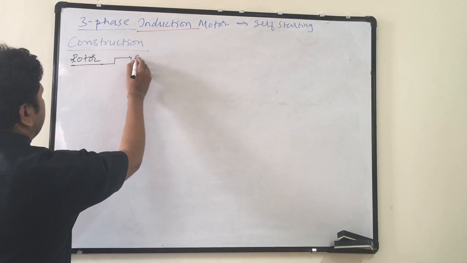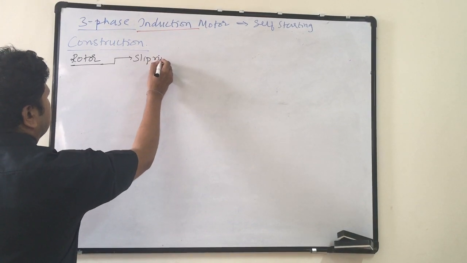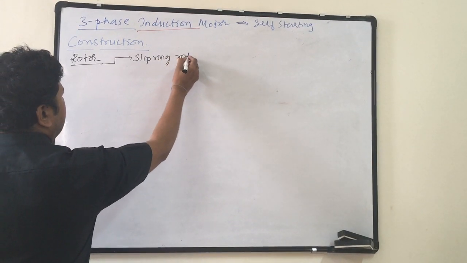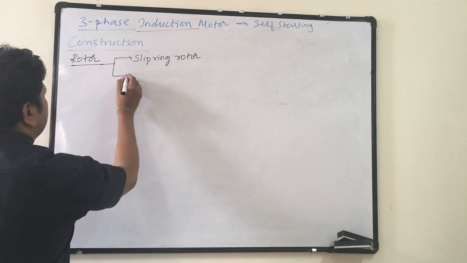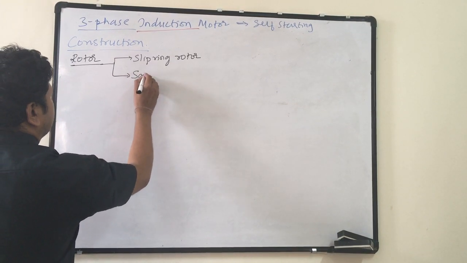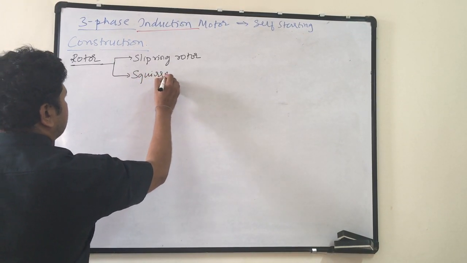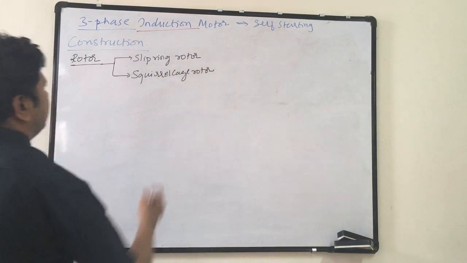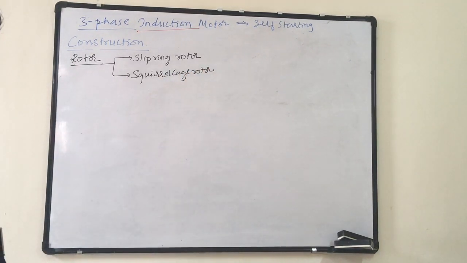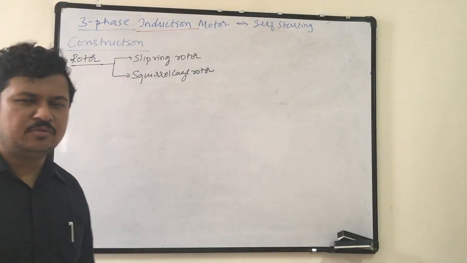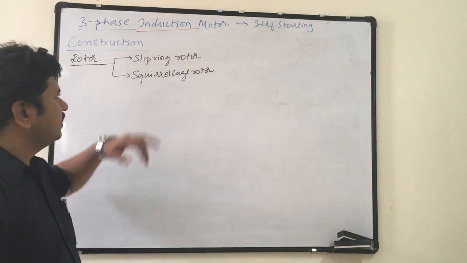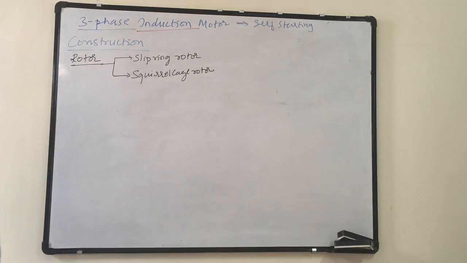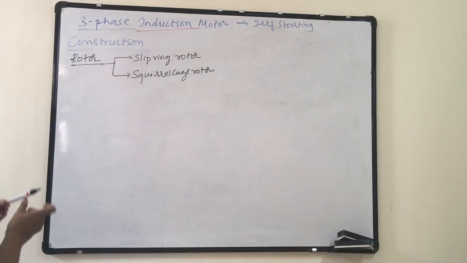One is the slip ring rotor and the other is the squirrel cage rotor. If the rotor is a slip ring rotor, I call that motor a slip ring induction motor. If the rotor is a squirrel cage rotor, that is called a squirrel cage induction motor. Okay. So first we'll see the slip ring rotor.